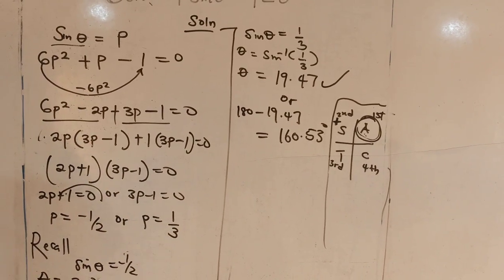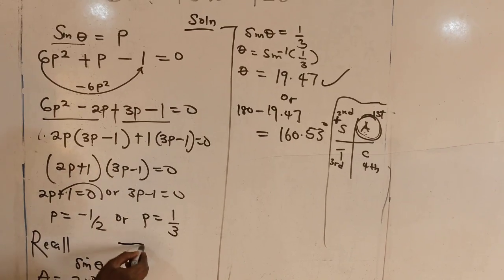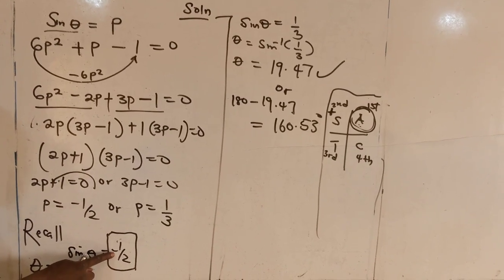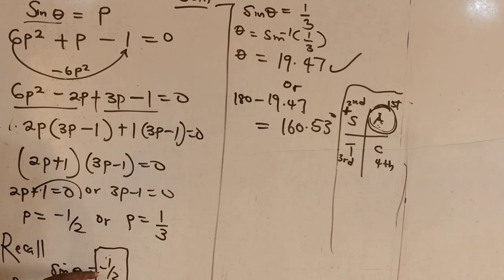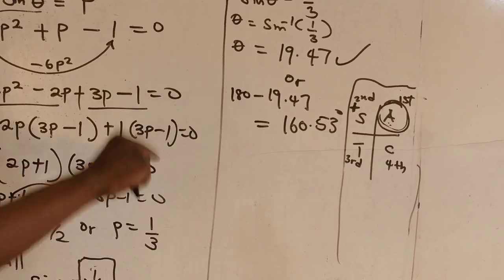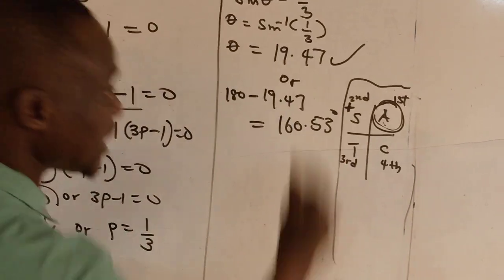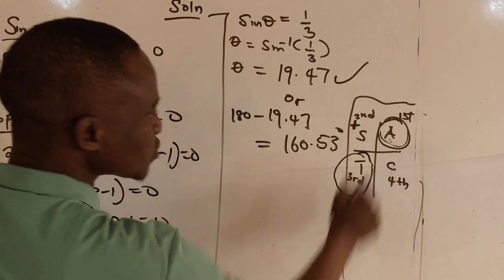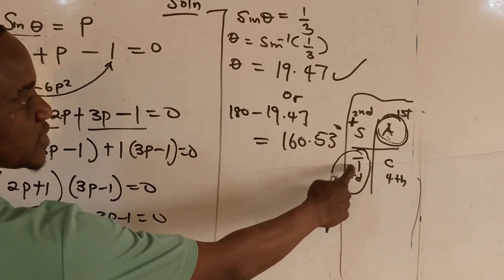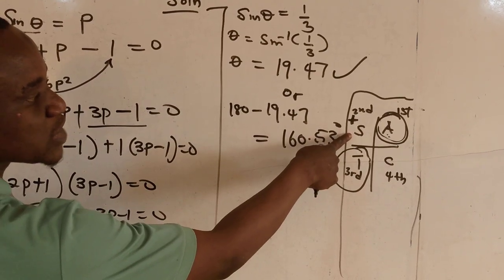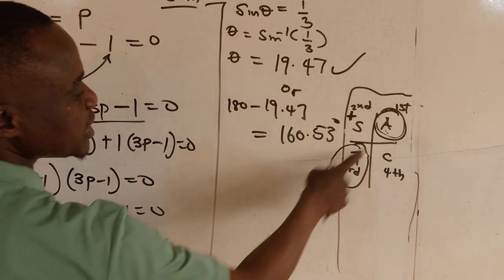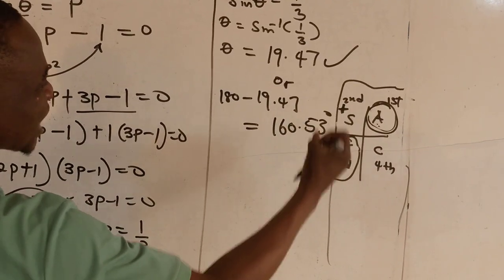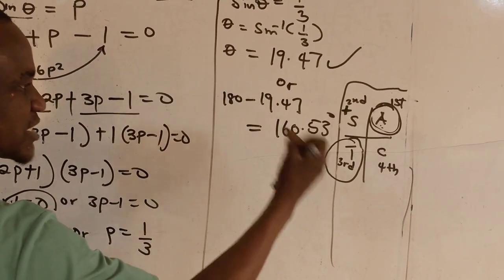Then for minus 1/2, I stated earlier that I was going to explain the negative sign. It means we are looking for the angle where sine theta is negative. Sine is negative in the third quadrant, because it is positive in the second and first quadrants. In the third quadrant, only tan is positive, so cosine and sine are negative.